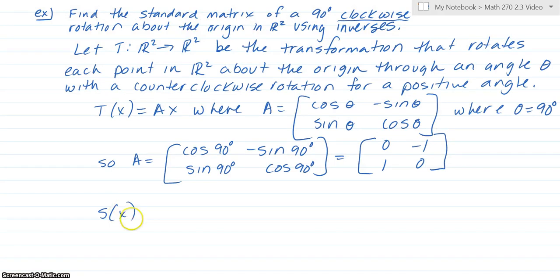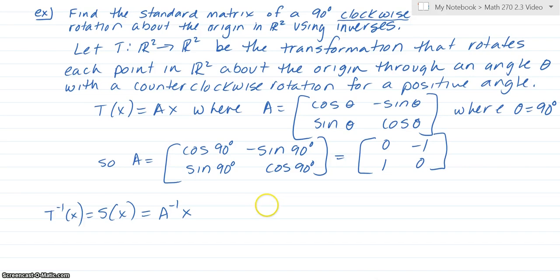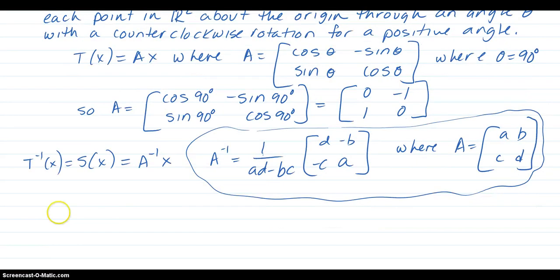So S of x, which better be T inverse of x, is just going to be A inverse times x. So what is A inverse? It's a 2 by 2, so we can actually just use the formula. First of all, ad minus bc is 0 minus a negative 1, so it's 1, so that doesn't change anything.